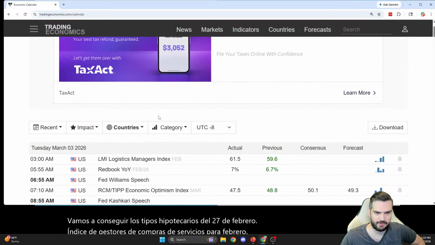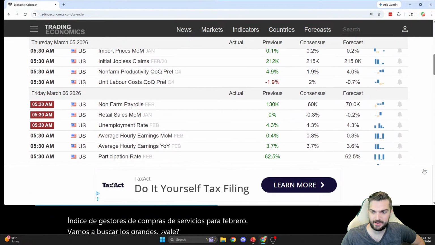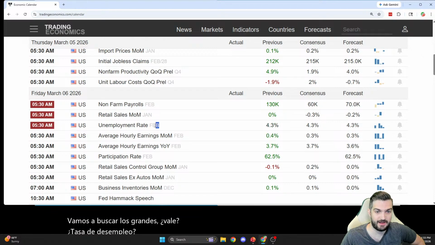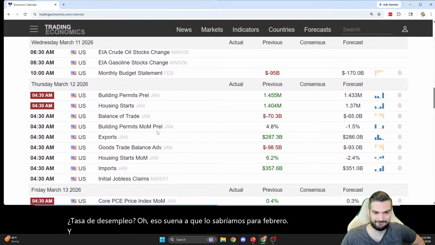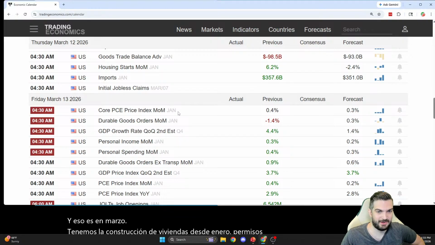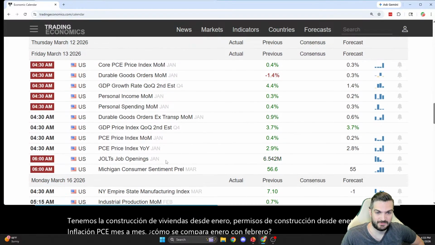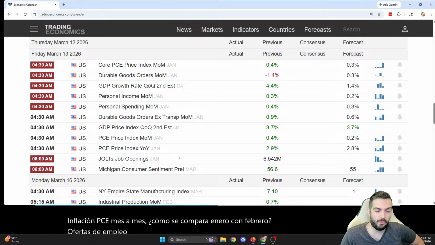Let's find the big ones, shall we? Unemployment rate. Oh, hey, that sounds like we would want to know that for February. And that's in March. We've got housing starts from January, building permits from January, PCE inflation month over month, how January compares to February, job openings for January. These data points are old, but it's the best we have.